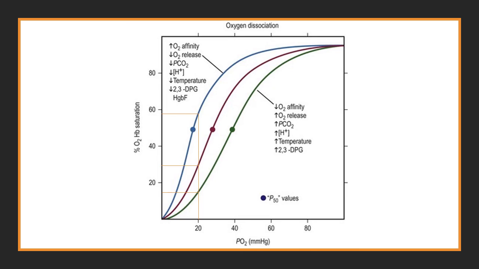For example, looking at 20 millimeters of mercury, we can see that the Bohr effect is sitting around 15% saturation. For the normal dissociation curve, it is about 30% saturation at 20 millimeters of mercury, while with the Haldane effect, it is close to 60% saturation. These shifts have a big effect on how much O2 is unloaded from the hemoglobin when delivering to the tissues.